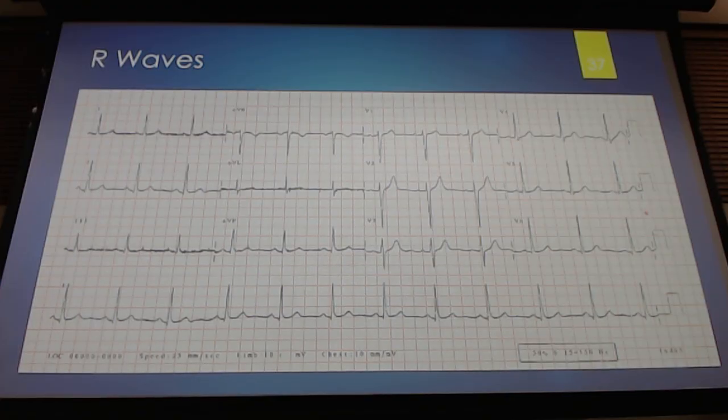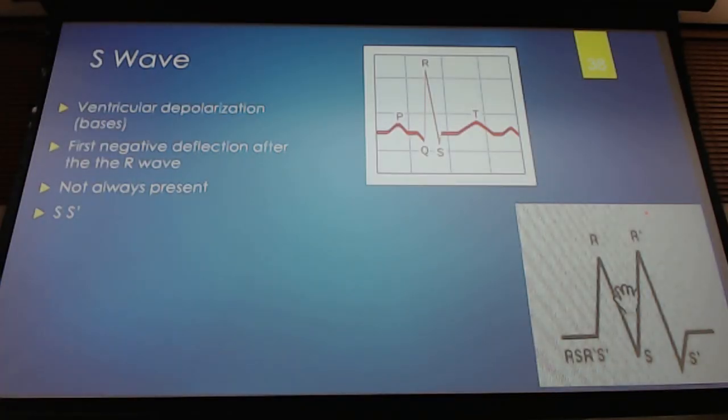No, they're going to be different from lead to lead to lead. And once we talk about hypertrophy, I will tell you some keys on what you need to remember to really identify hypertrophy. Otherwise, you don't have to really focus on how many boxes high each one of these is. You need to know how to count them like we did at the very beginning.